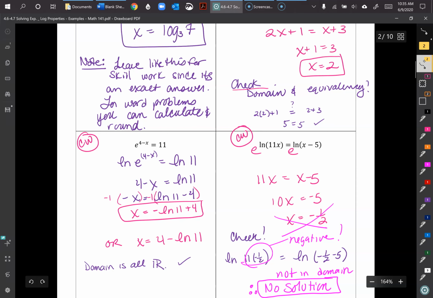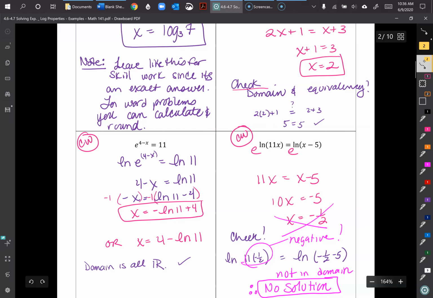e to the 4 minus x equals 11. And then we take the natural log of both sides. So we end up with 4 minus x equals natural log of 11. Do some manipulating here. You have to subtract 4 from both sides and then change each to its opposite. Now be careful here. You have to distribute that negative, whether I'm dividing through or multiplying through.